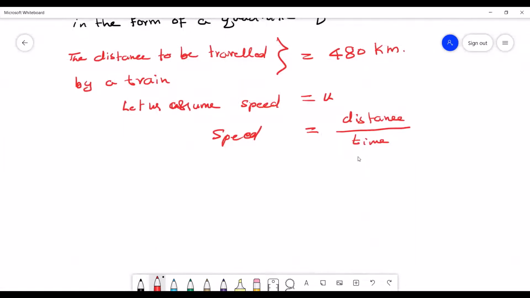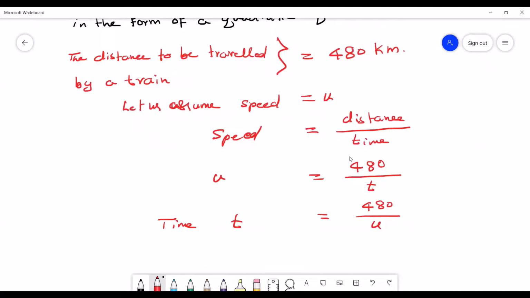We have already taken the speed as u, the distance is 480 kilometers, and let us take the time as t. Then if we want to find the time, t will be 480 divided by u.